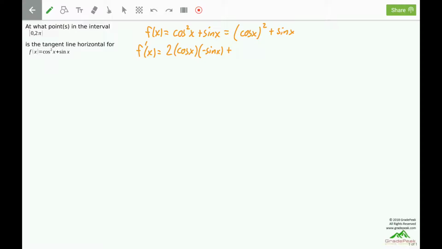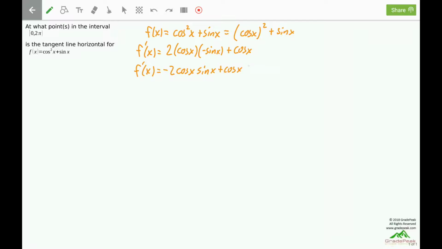And then the second term, the sine of x, the derivative will be cosine of x. Let's make this look a little nicer here. I will bring this negative to the front with the 2. Negative 2 cosine x sine x plus cosine x.